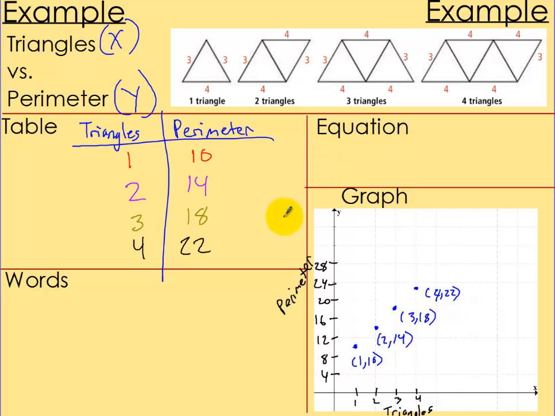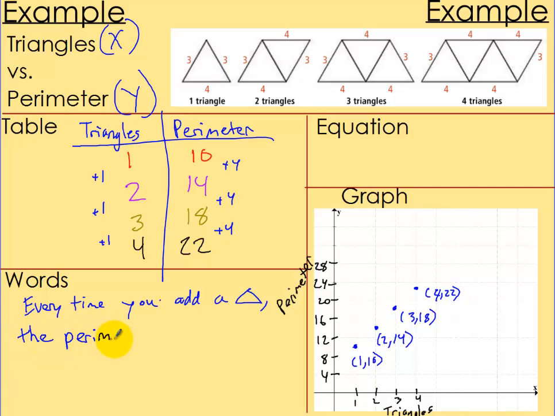Okay, so how do I want to explain what's going on in words? So the perimeter, every time we grow the triangle, looks like it's going up by 4 every time. Plus 4, plus 4. These are always plus 1, plus 1, plus 1. So in words, I'm going to say every time you add a triangle, I'm going to draw a shape, the perimeter goes up by 4.